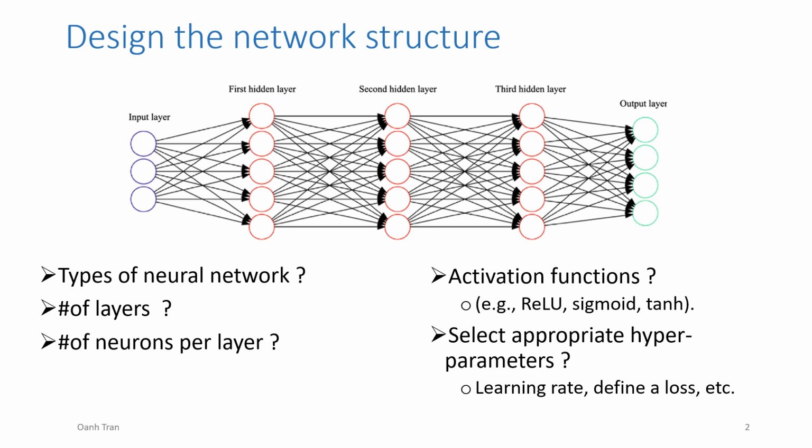In ANN terms, this means deciding on the type of network, the number of layers, the number of neurons in each layer, and other design choices like the activation function and appropriate hyperparameters like learning rates, loss functions, etc.